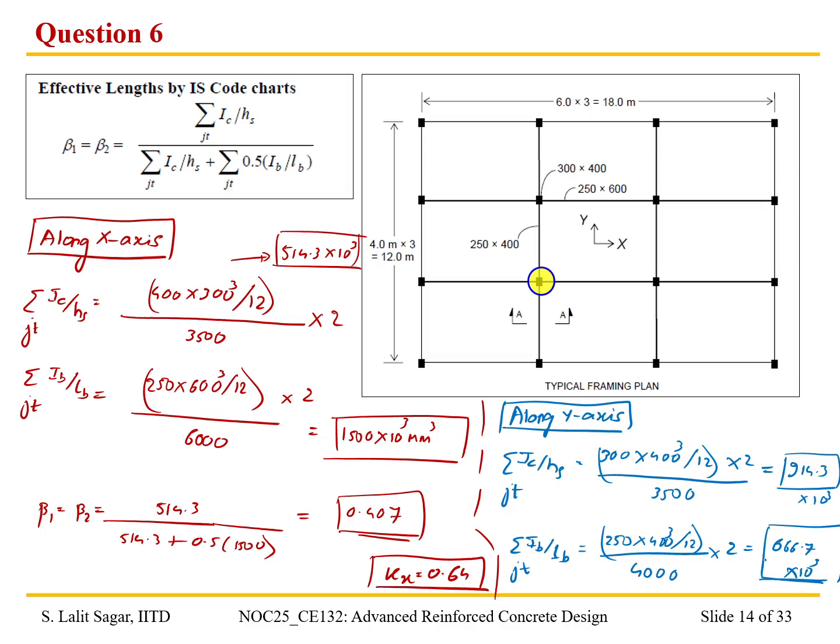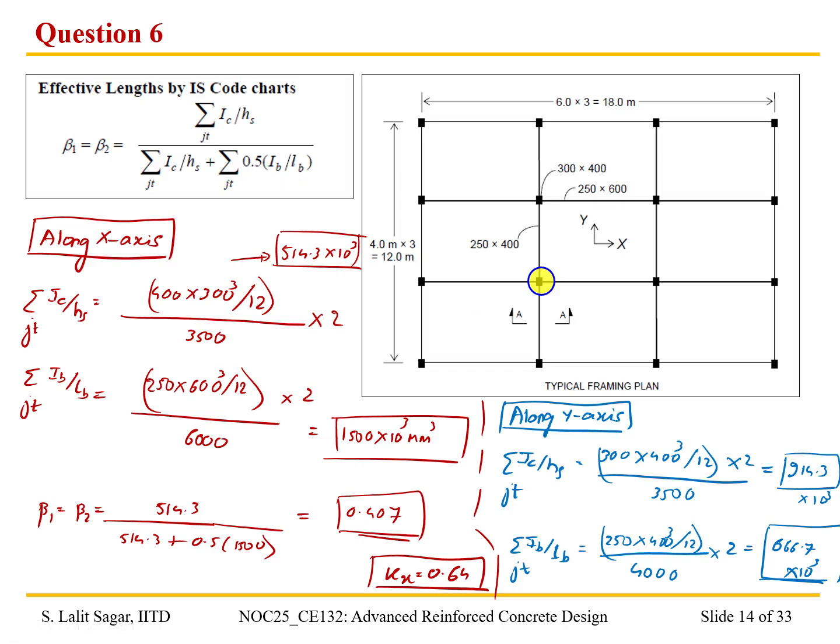So when we do the same operation of these values, that is beta 1 is equal to beta 2 is equal to sigma IC by HS divided by sigma IC by HS plus 0.5 sigma IB by LB.